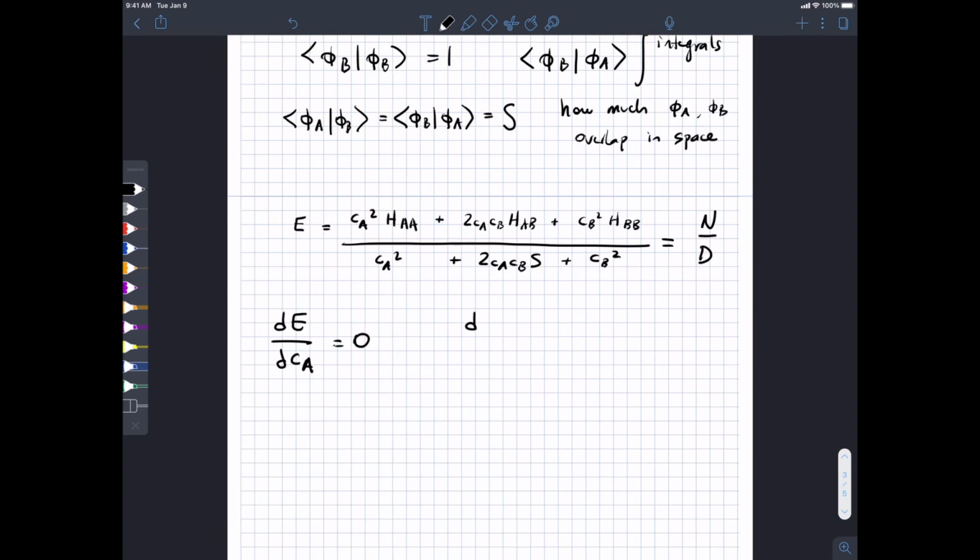And we're going to do the same thing with coefficient B. At that point we'll have two equations and two unknowns, and we will ask what values of CA and CB allow those derivatives to equal 0. So we're going to minimize energy with respect to CA and CB.